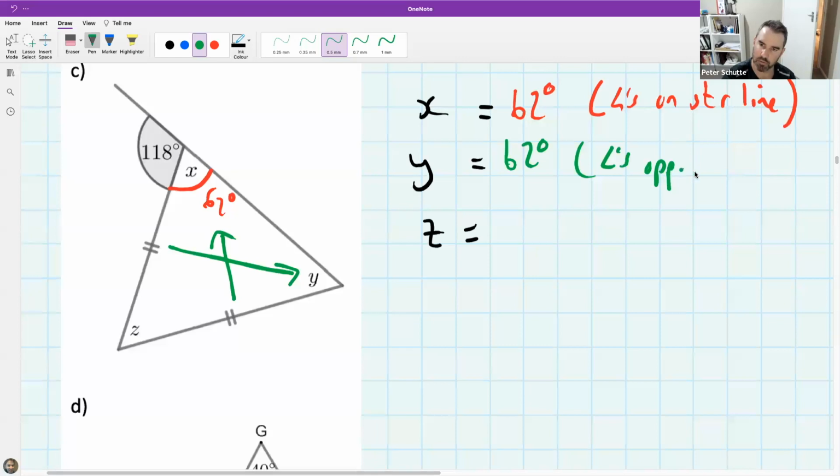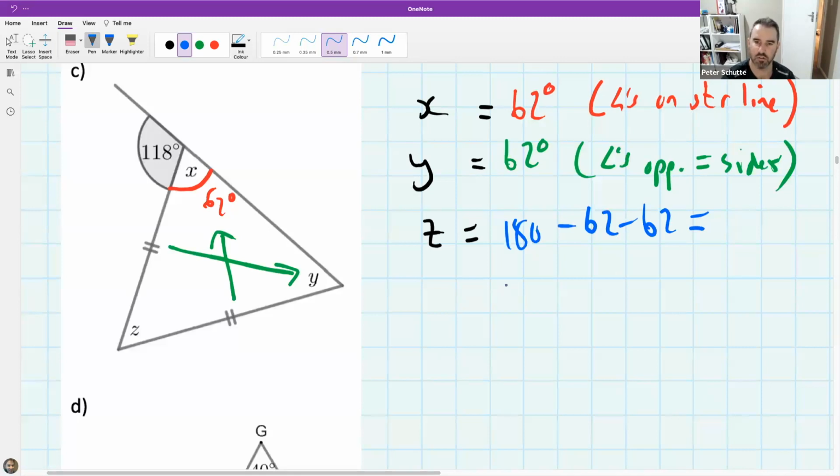Angles opposite equal sides. And then the last one for Z is just going to be 180 minus those two. So what are we going to get for that?